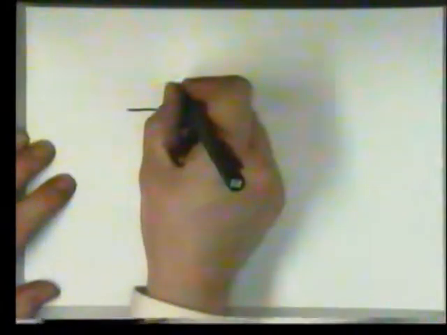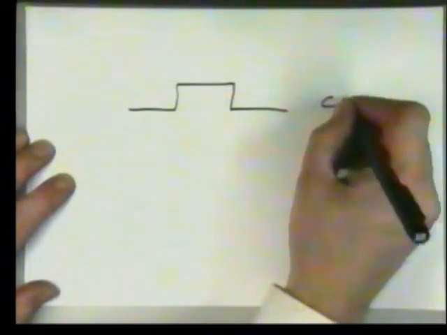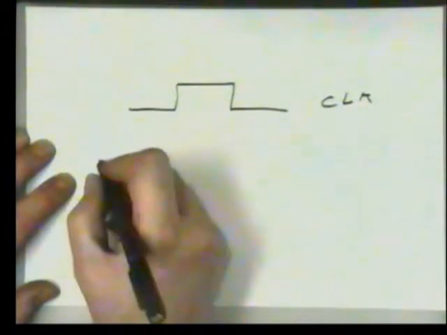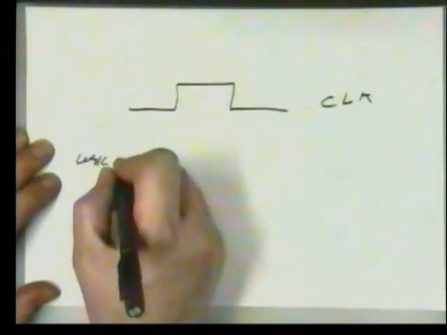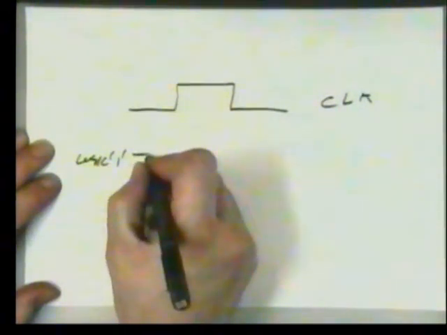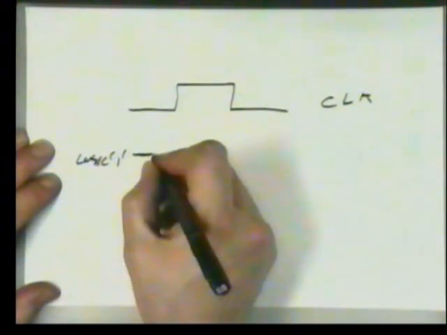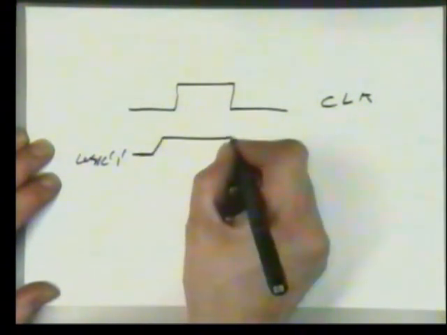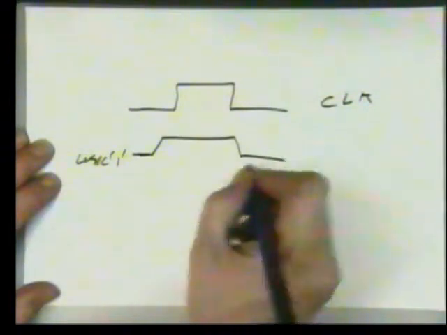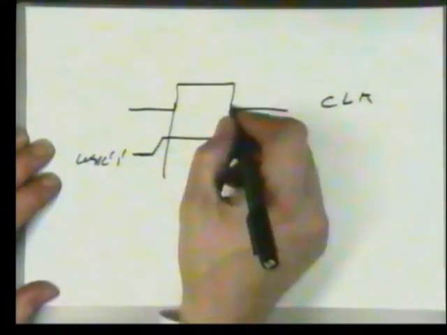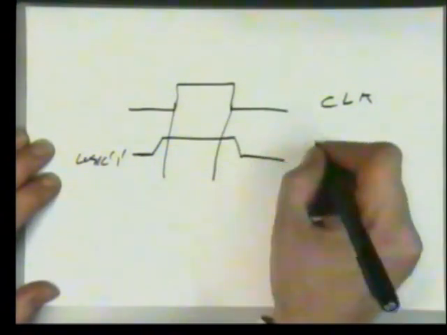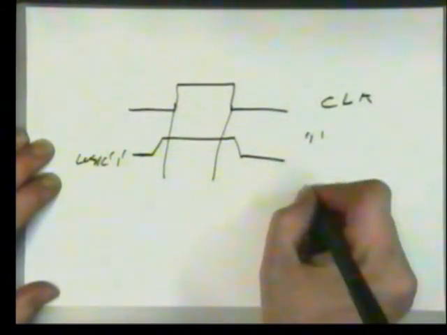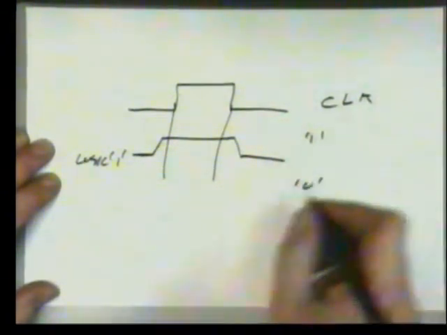There's our clock. A logic level 1 would mean undetermined before, but for the whole of the duration of the clock pulse, that must be at a logic level 1 state. So that is a 1.